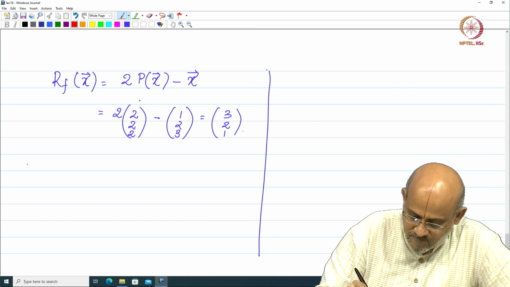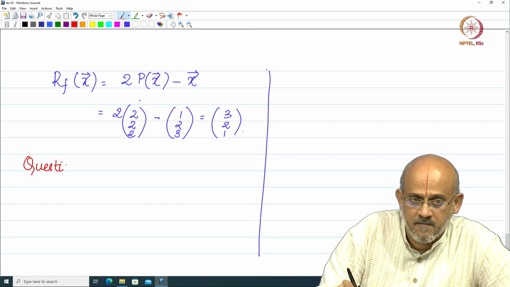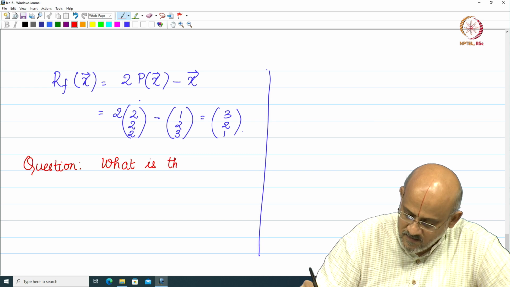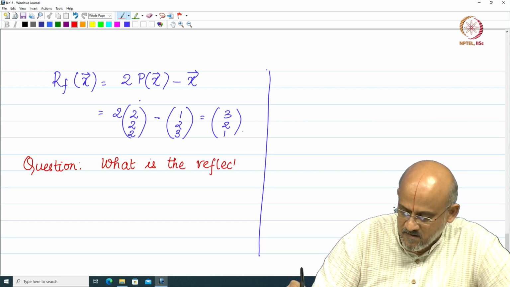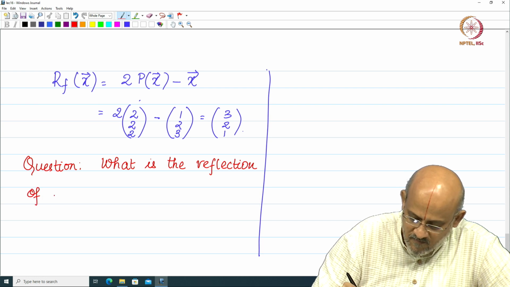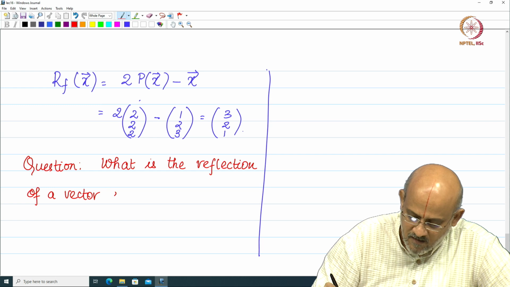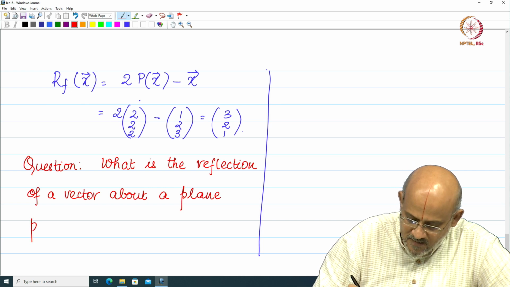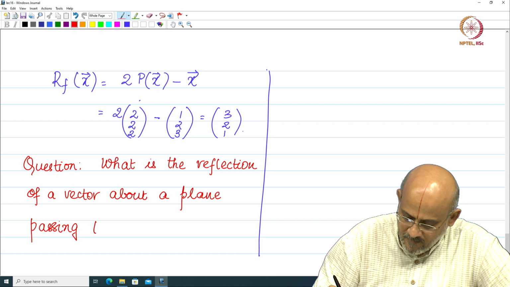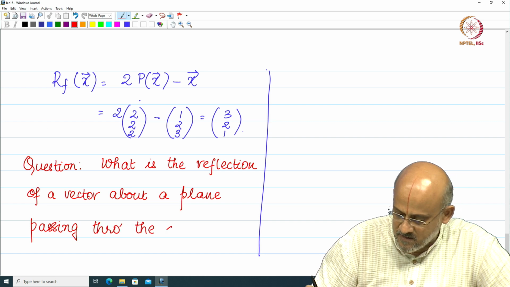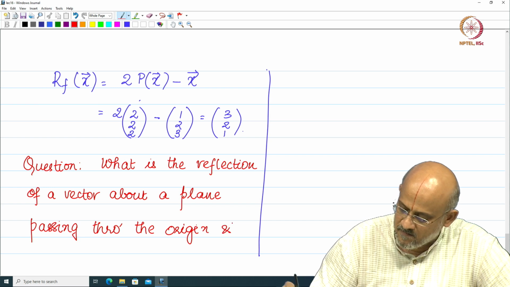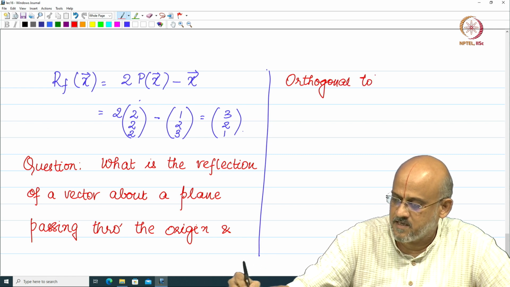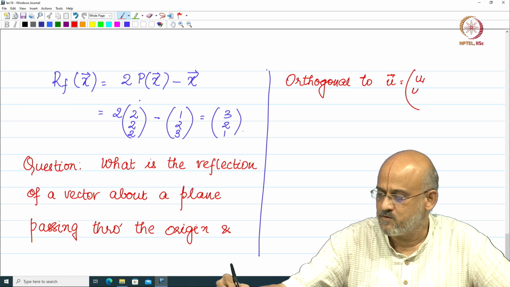The next question that we have is: what is the reflection of a vector or a point about a plane passing through the origin and orthogonal to some vector, let us say the vector u, which is equal to (u1, u2, u3)?